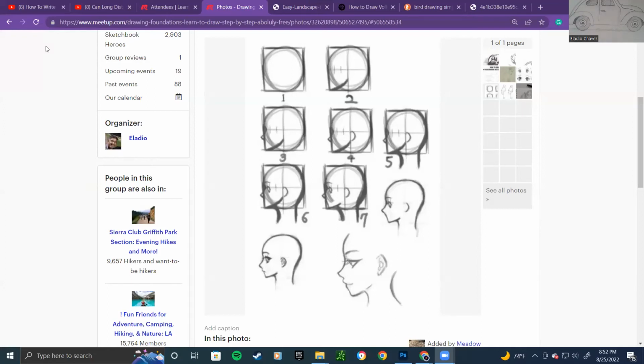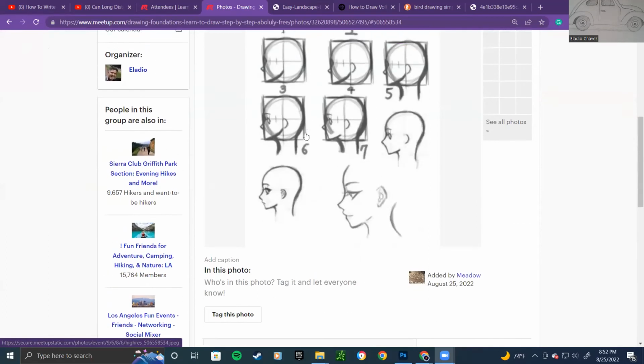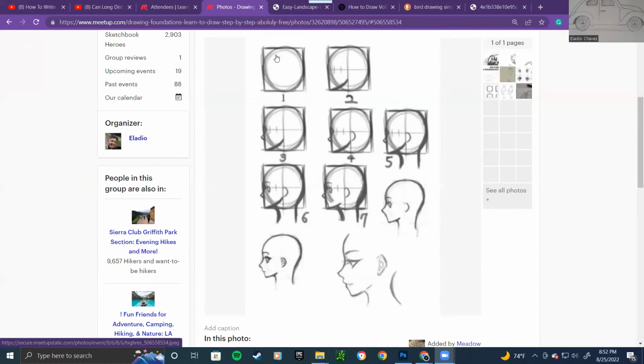All right, so we've got this head. I really like the way they broke down the head. Meadow found this picture. You can see the circle, but look at the height and the width, the ratio. It's 1-to-1. They broke it down here, and you can see that this jawline goes to that ear, and the eyes are in the middle. These are just some proportions to look for and understand.